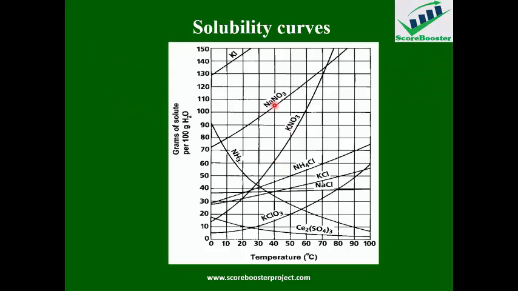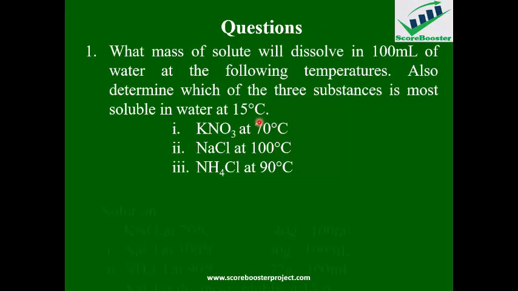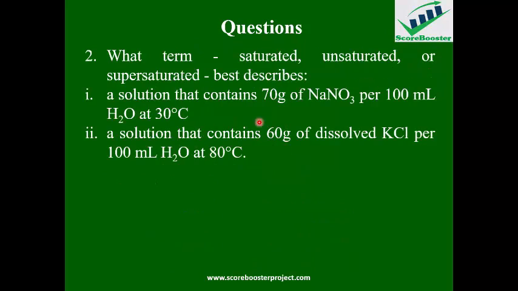This is sodium nitrate at 30. What is the value? This is around 90 something, between 90 and 100. So it is able to dissolve between 90 and 100, let's say 95.